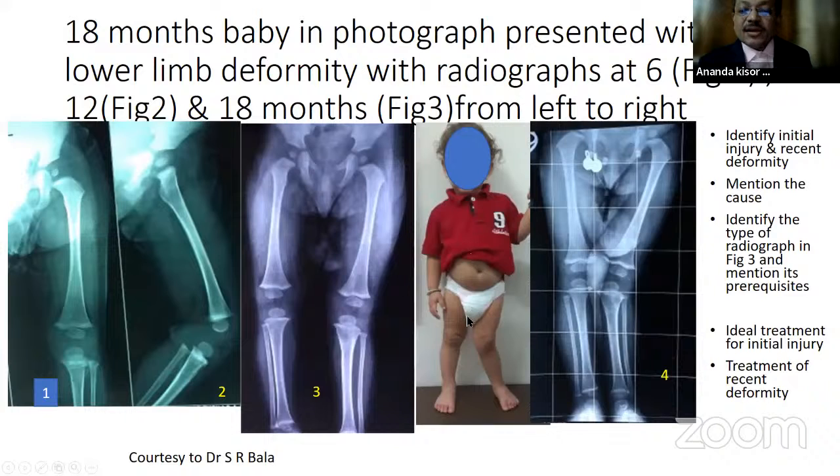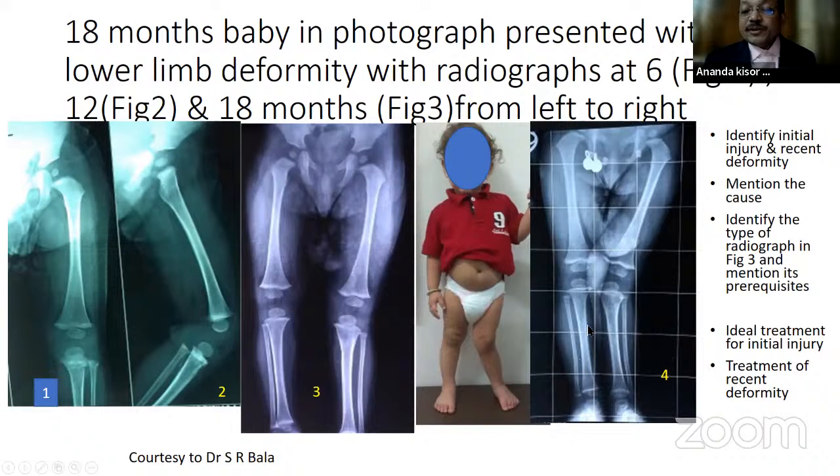Patient should stand, keeping both the limbs as parallel as possible. Both the anterior superior iliac spines at the same level. Even if required, some blocks can be placed under the heel of the affected part. And also, the patella should look forward. It should not be rotated. So these are the criteria of the standing orthoroentgenogram.